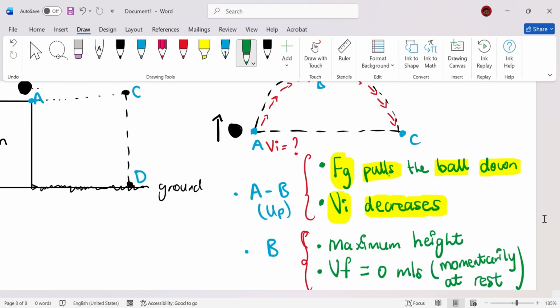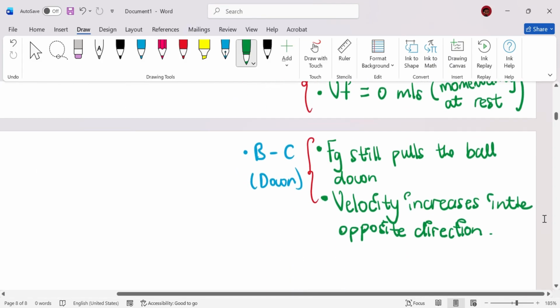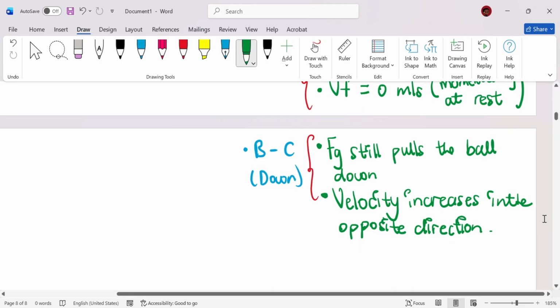So whatever it is that gravity wants the ball to do, when it is at point B, the ball says, you know what? I can no longer resist your pull. Do with me what you want to do. And the ball then decides to come back down and follow the gravitational pull, right? That's when we get to point B to C. From B to C, the ball moves downwards, right?